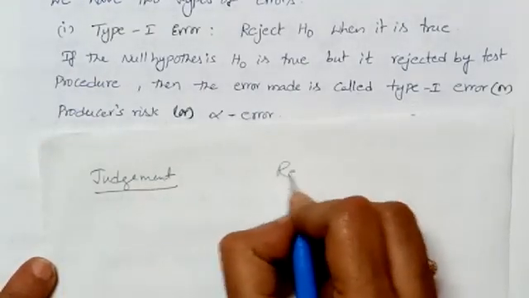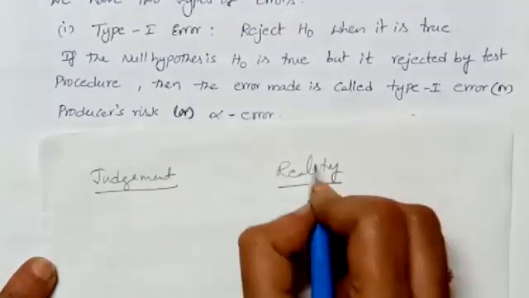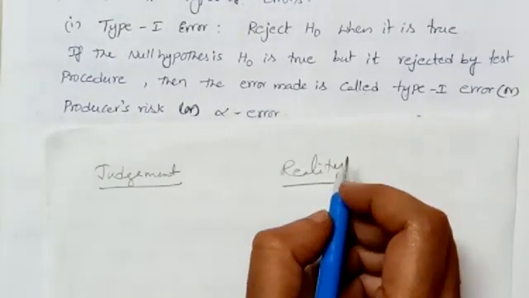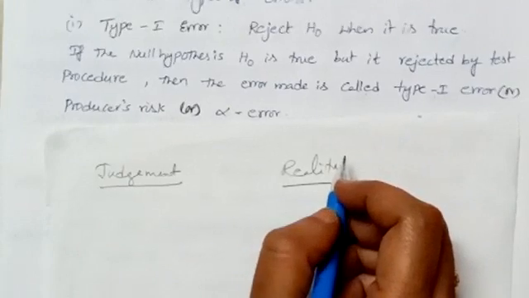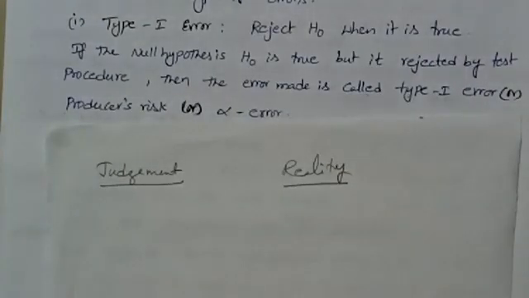Judgment and reality, what conditions do we get? Assume the person to be innocent until proven guilty. So our assumption is that the person is innocent, and he may be found guilty if he enters into any problem.